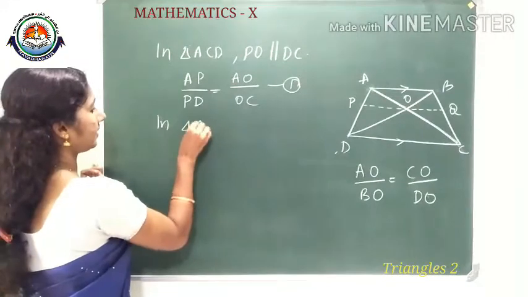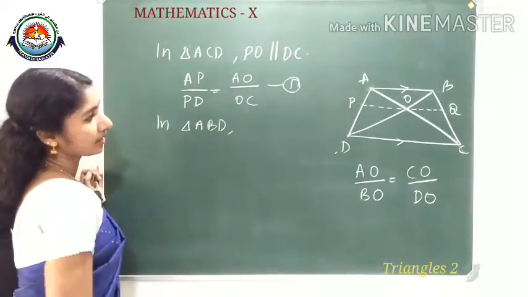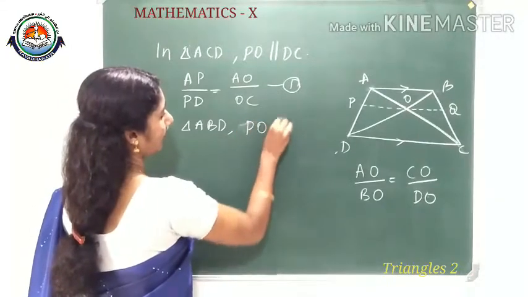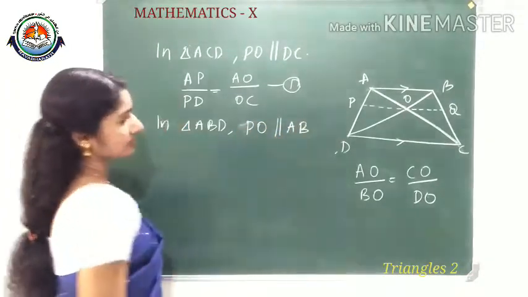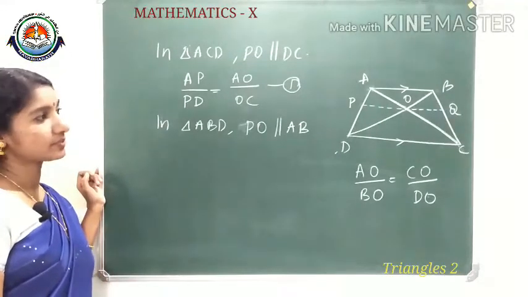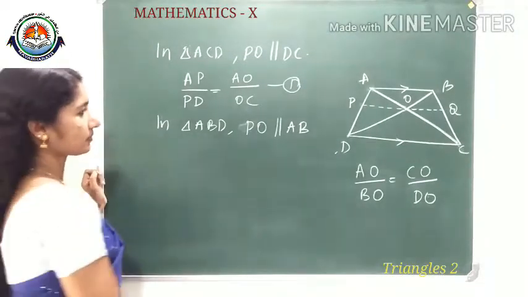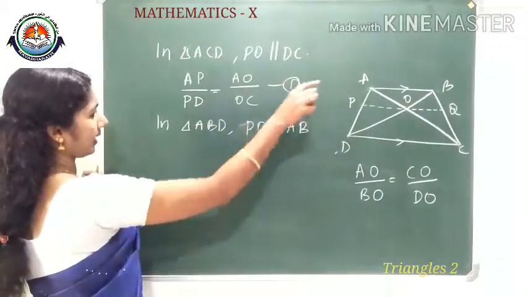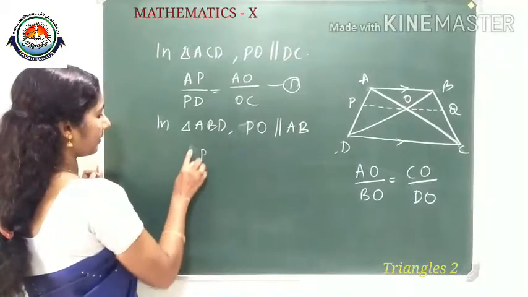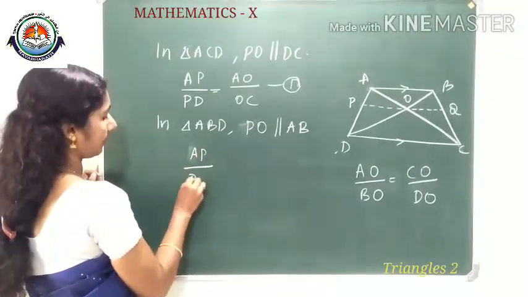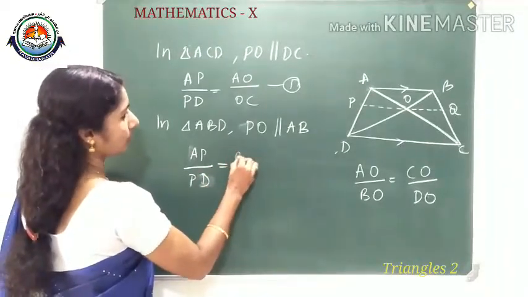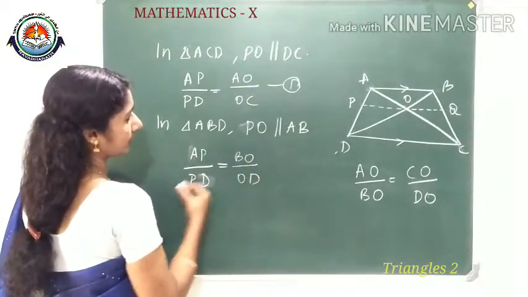In triangle ABD, AB is parallel to PO, PO parallel to AB, because PQ we drew like that, which is parallel to AB and DC. So in triangle ABD, we can write AP divided by PD equal to BO by OD.